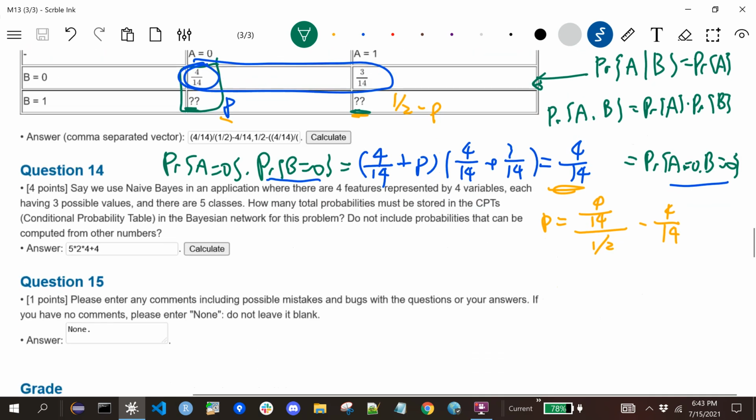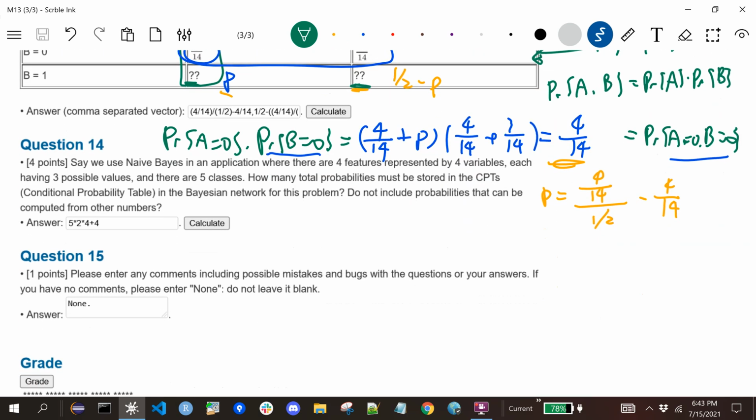Okay, so now we are on to the last question. And we have the naive Bayes. So when you see naive Bayes, you automatically know the structure of the Bayesian network. It's Y as the parent of everything. So there are x1, x2, x3, and x4.